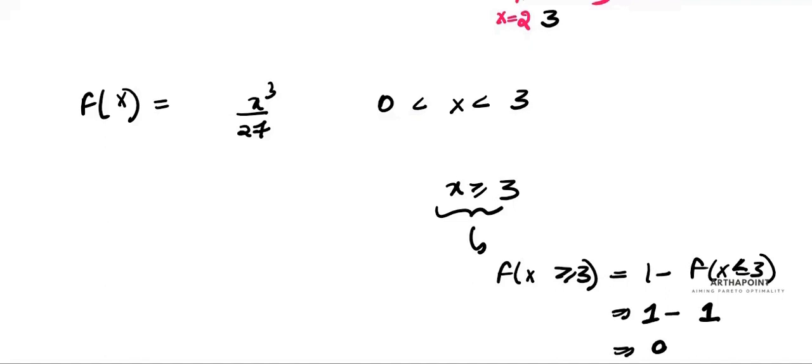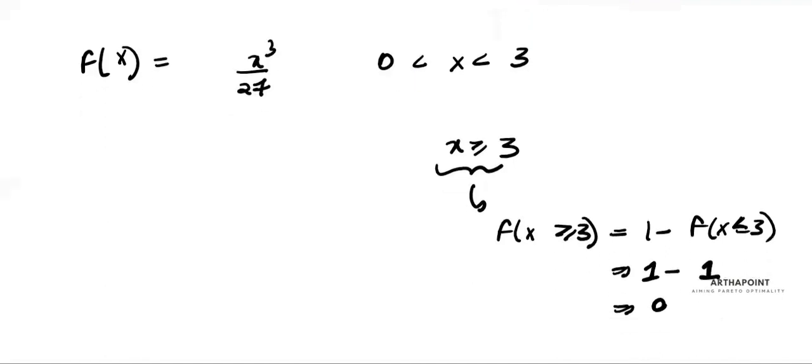Right? So the cumulative probability that x is greater than or equal to 3 will be 1 minus the cumulative probability that x is less than or equal to 3. And x is strictly greater than 3, in fact.